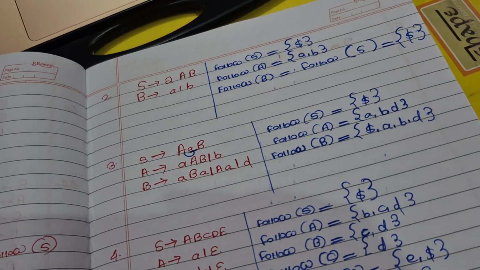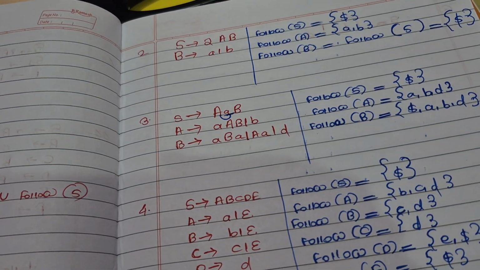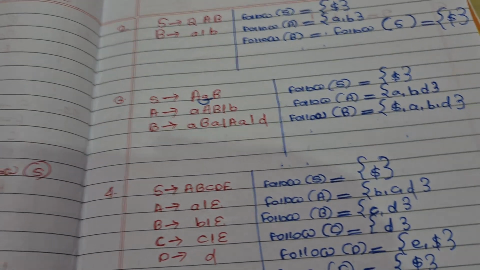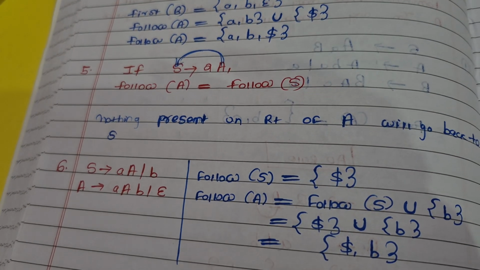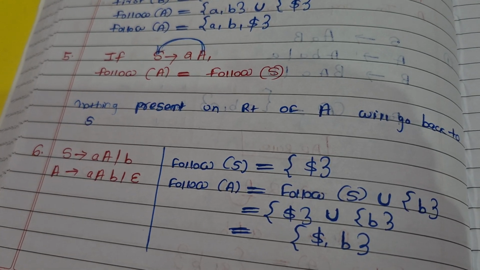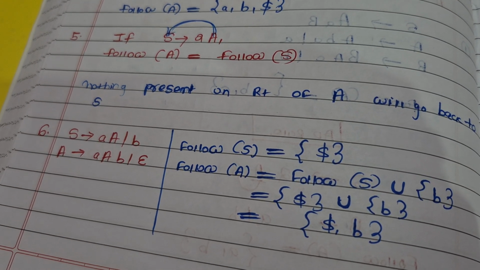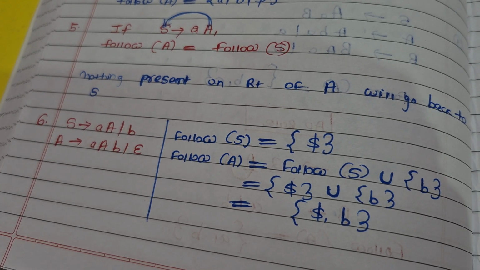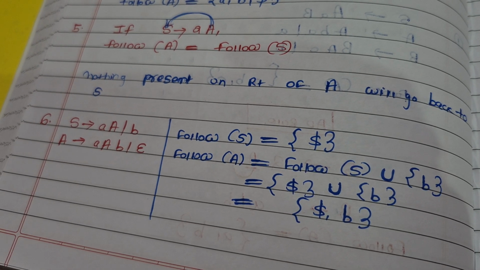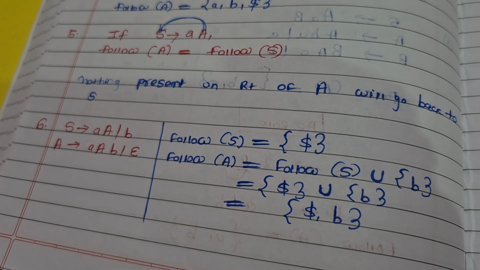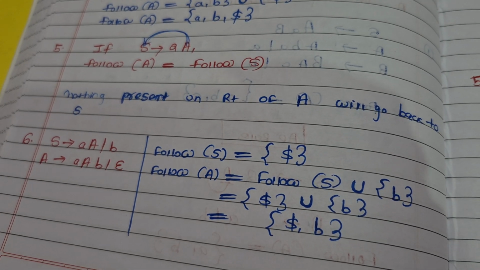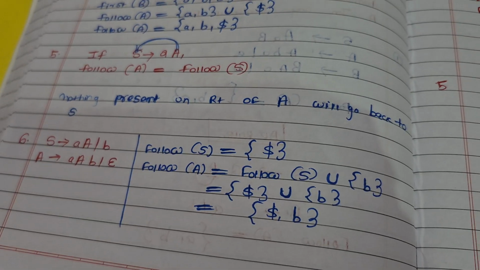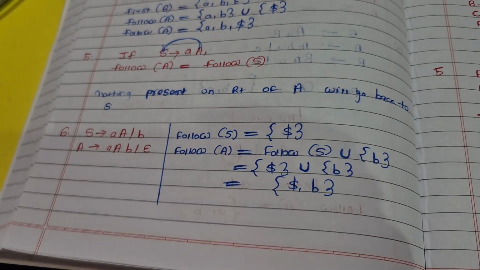From here I have started: S tends to alpha and A. We need to check if follow of A equals follow of S. If we see A, there is nothing present on the right of A to find the follow of A, so it will go back to S. That's why both are equal.